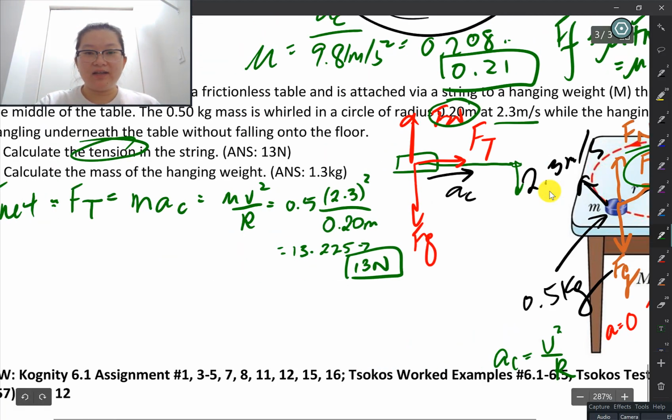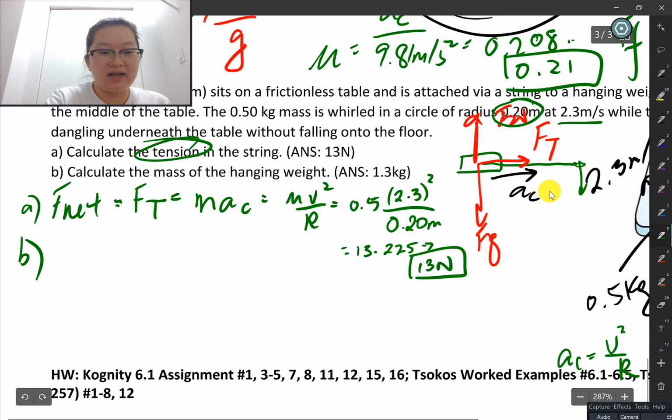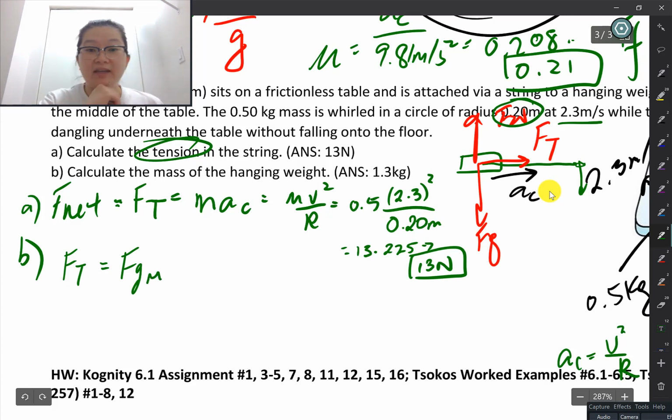So if we write an equation for that, it's going to look like Ft is going to equal Fg for the big hanging mass, in which this is going to look like 13.225 is equal to the big mass times gravity, because Fg is just mg, right?